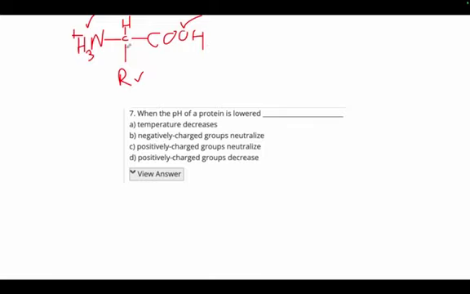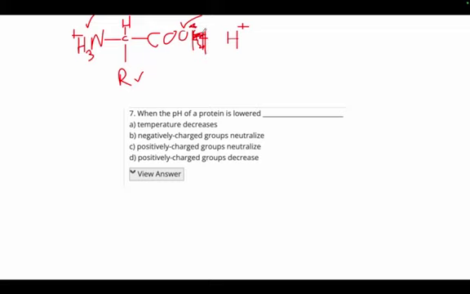So at pH 7, an amino acid will look like this, where the amino group is protonated, right? And sorry, the carboxyl group will lose this hydrogen and become COO minus at pH 7. However, as we decrease the pH, the hydrogen ion concentration is increasing, right? As we go to lower and lower pH, the hydrogen ion concentration will increase, and therefore the equilibrium will shift further towards this group being protonated.